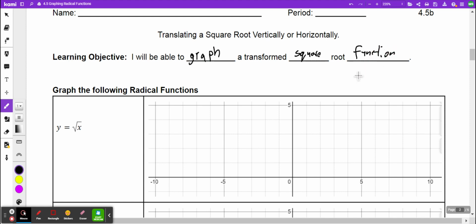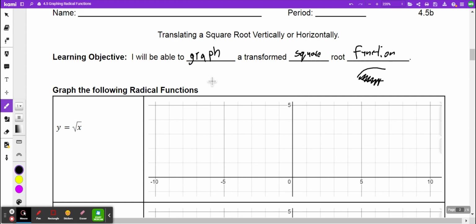We are going to be limiting and cutting out half of our relation right here so that it is a function. For every input, there's exactly how many outputs? Exactly one.